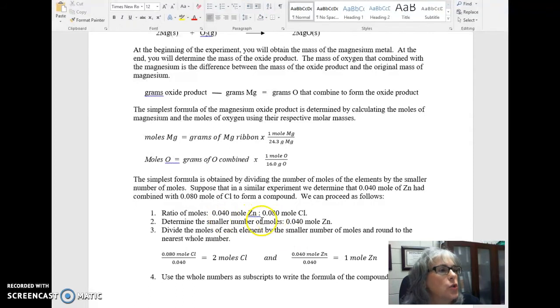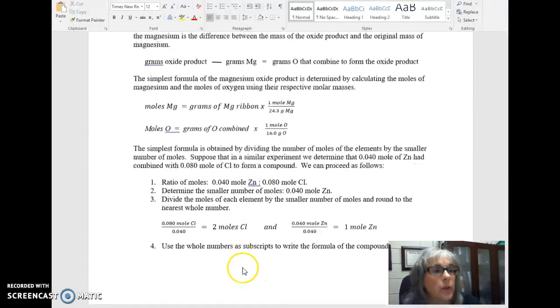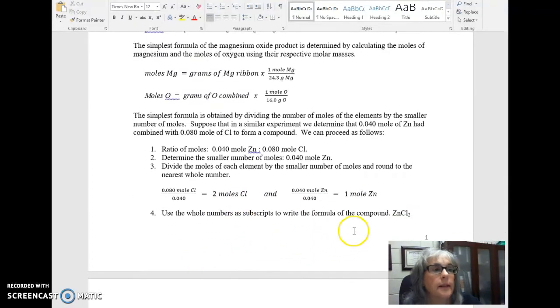So the 0.04 is the smallest. If we divide both of them by the 0.04, we take our moles of chlorine and divide by 0.04, and we take our moles of zinc and divide by 0.04, we get small whole numbers. You get 1 mole of zinc and 2 moles of chlorine. And so then we can write the subscripts of zinc chloride. We'll have 1 mole of zinc for every 2 moles of chlorine.